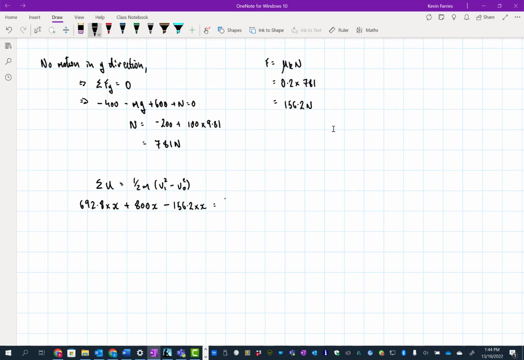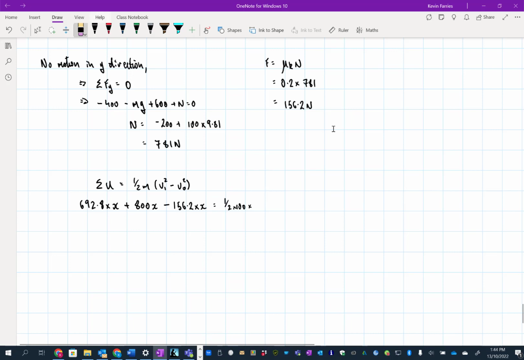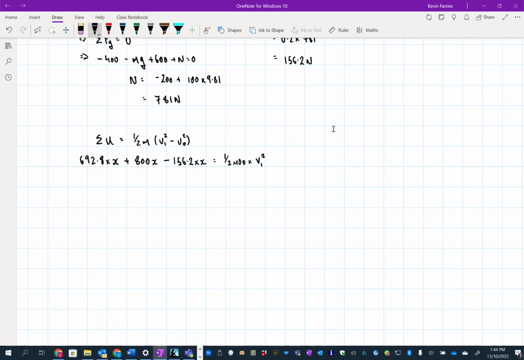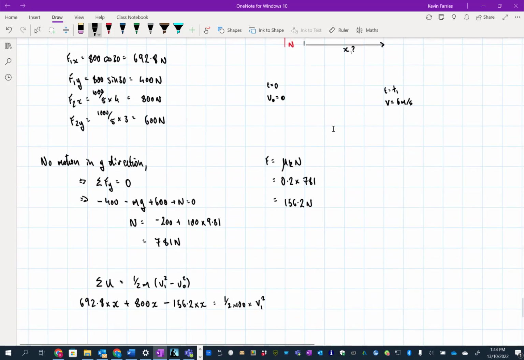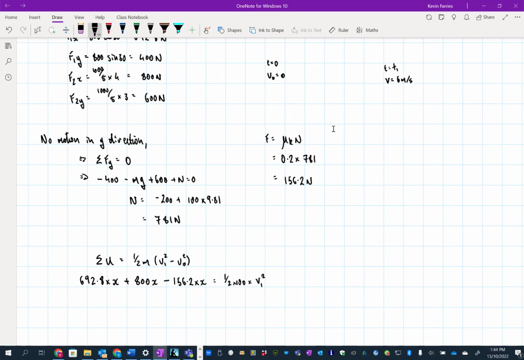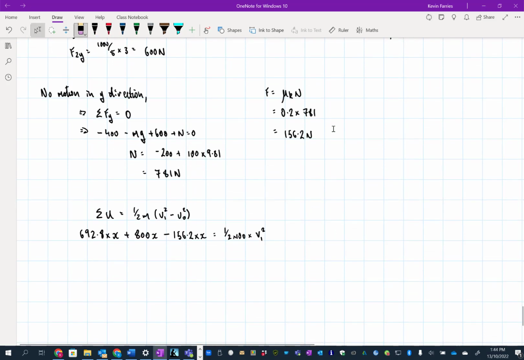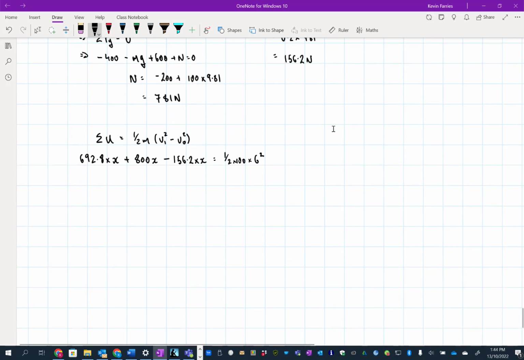It's going to be equal to half times 100, the mass of this thing, times v naught squared, but it was at rest to start with, so this is just going to be v1 squared. And we also know what v1 is, don't we? It told us that v1 is equal to 6 meters per second, so this is going to be 6 squared.